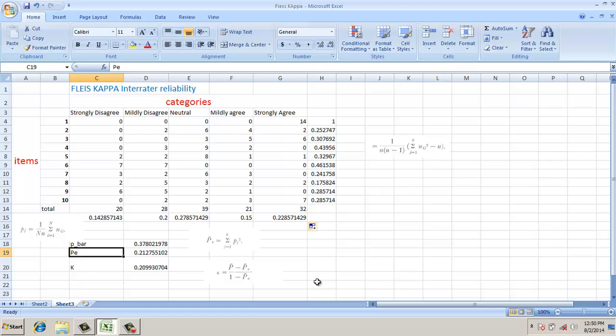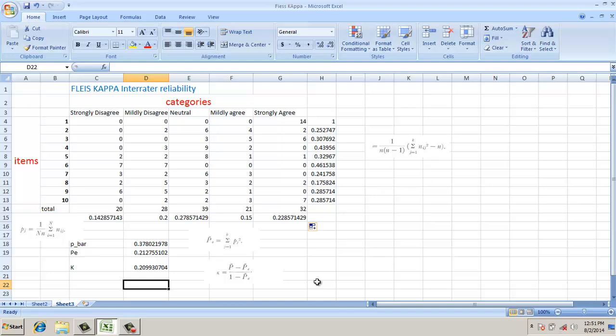That is done by squaring each of these category proportions and summing them. Then Fleiss kappa is P bar minus PE bar, that is the non-random component, divided by what is available, that is 1 minus PE bar, the score which is outside the random component. That score will give the Fleiss kappa. In this case it is 0.20.